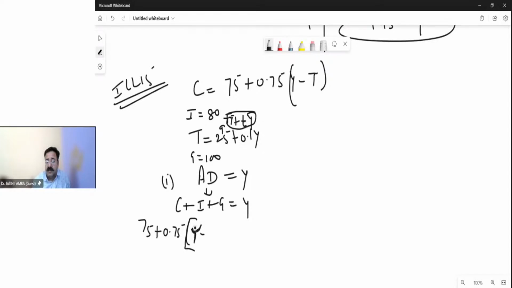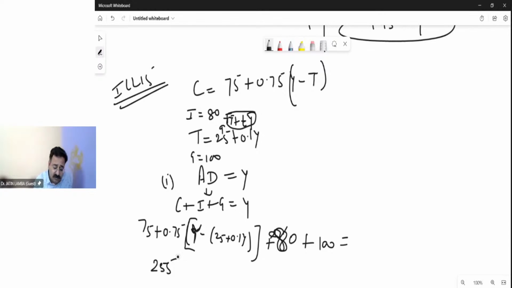T is given as 25 plus 0.1 Y. Plus I, which is given as 80, plus G, given as 100, is equal to Y. Solve this. 180 plus 75, 255.